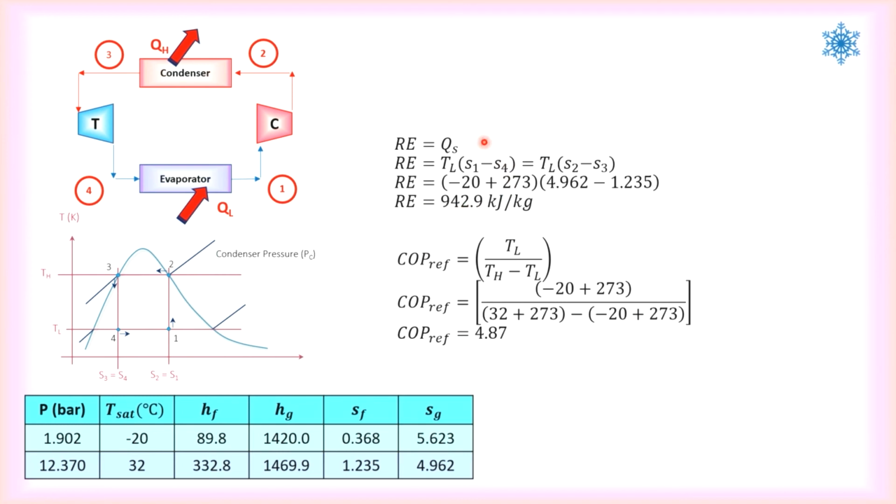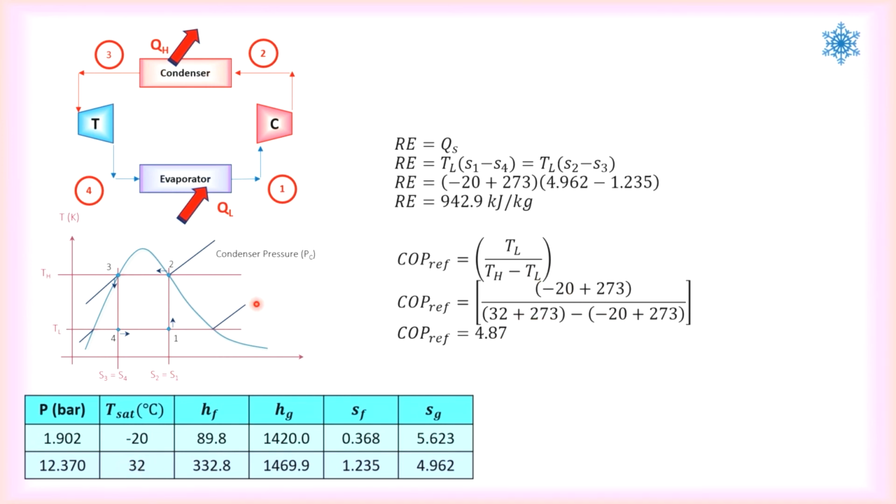Because the question did ask us to find RE, the next thing is the COP for refrigeration. According to the reverse Carnot cycle, which we have proved, the COP for refrigeration is TL over TH minus TL. The TH will be your 32, which is at this pressure, 12.37 bar, so the temperature is 32 plus 273.